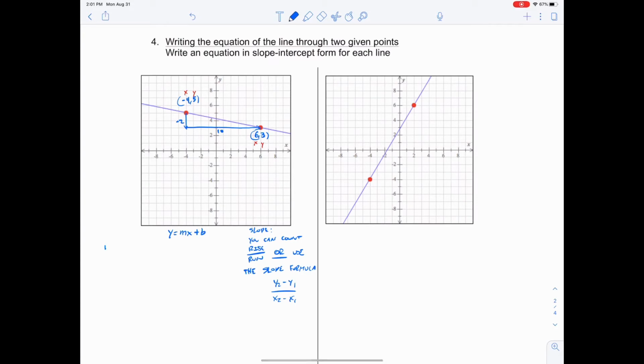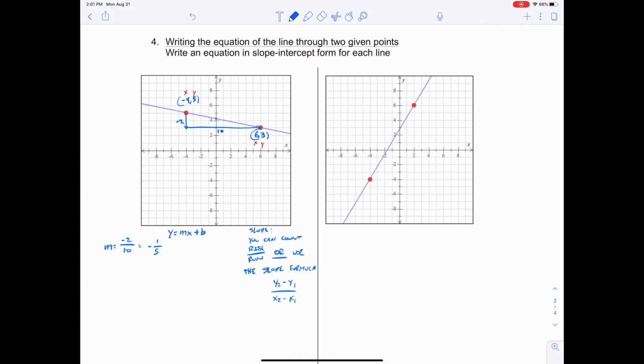So my rise is negative 2, my run is 10, which equals negative 1/5. Now, notice where my line crosses the y-axis here is not directly on 4. So I just can't say that y equals negative 1/5 x plus 4 because it doesn't lie exactly at 4. So I have to find my b.